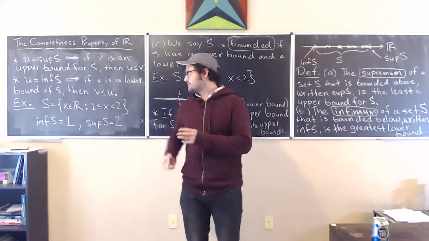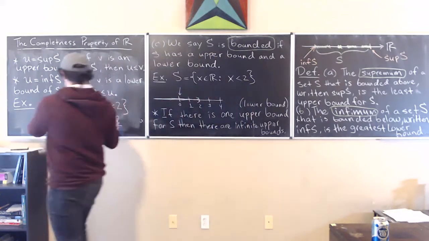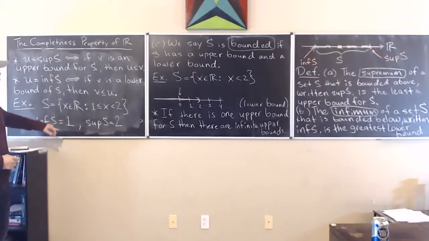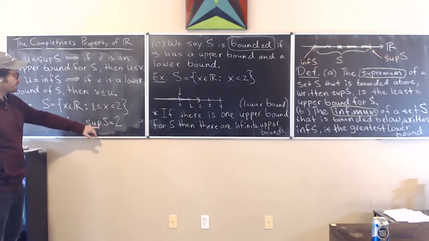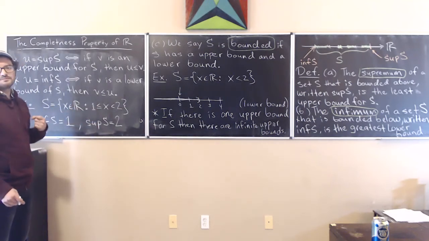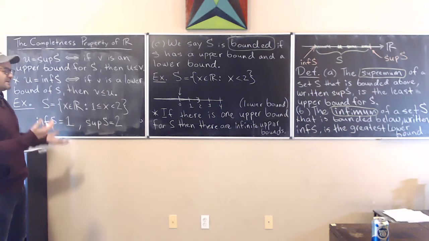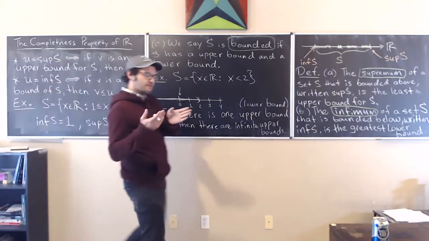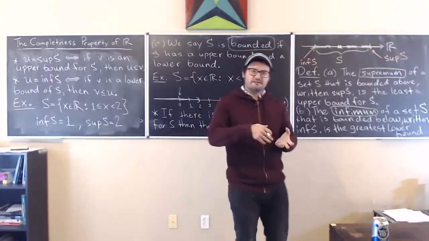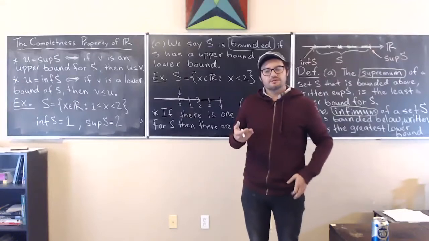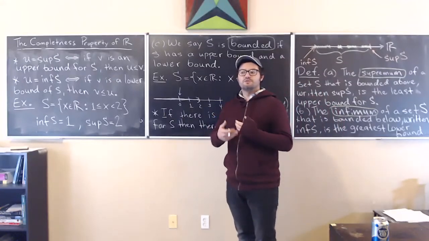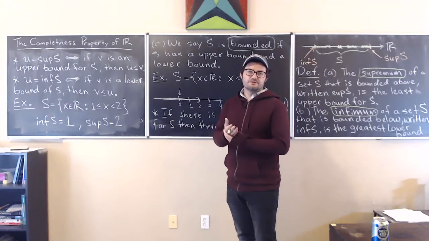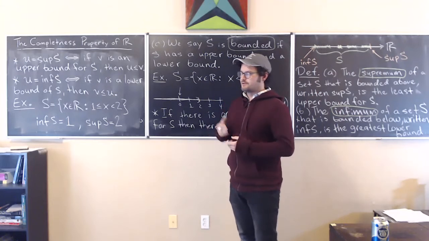Now I want you to observe that in this case here, the infimum does belong to S. However, the supremum does not belong. So it can be the case that the infimum and supremum are contained in the set, but they don't necessarily have to be. They just have to be the closest number you can get without entering the set, if it's not in there.